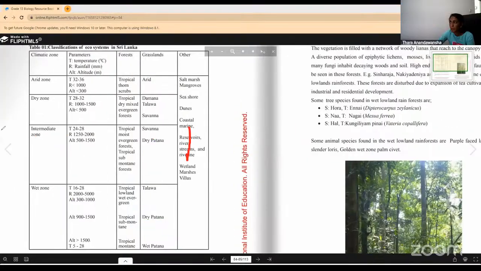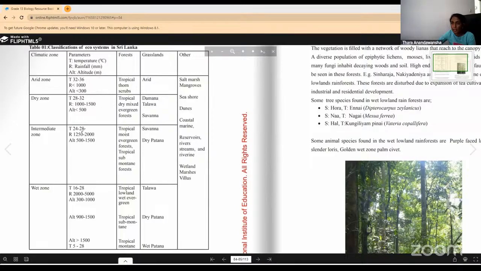So let's go through this table a little. We have 4 climatic zones divided here: arid zone, dry zone, intermediate zone, and wet zone. They have given some parameters such as temperature, rainfall, and altitude. As you all know, in the arid zone the temperature must be very high, 32 to 36 degrees Celsius.